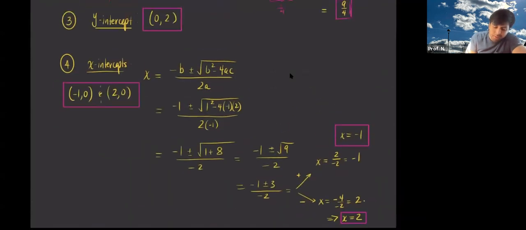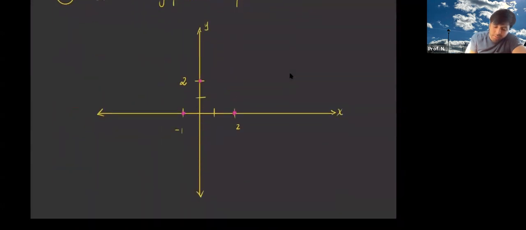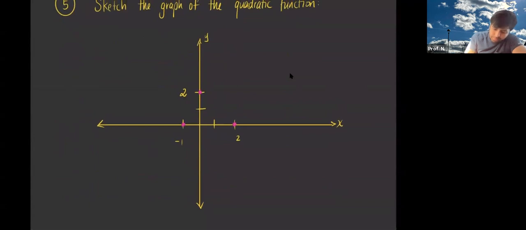Then I'm just going to sketch the line x equals 1/2, which represents the axis of symmetry. So this is my axis of symmetry.